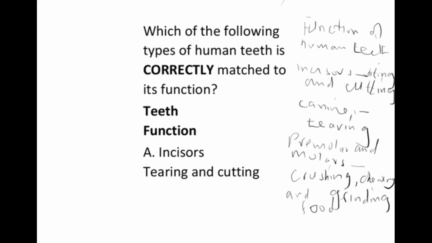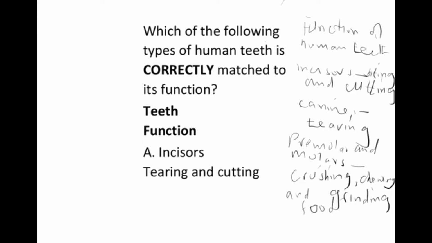So with that, now we look at our answers and see which choice rhymes with our explanation. A, we have teeth, and then we have function. So we have A, incisors.